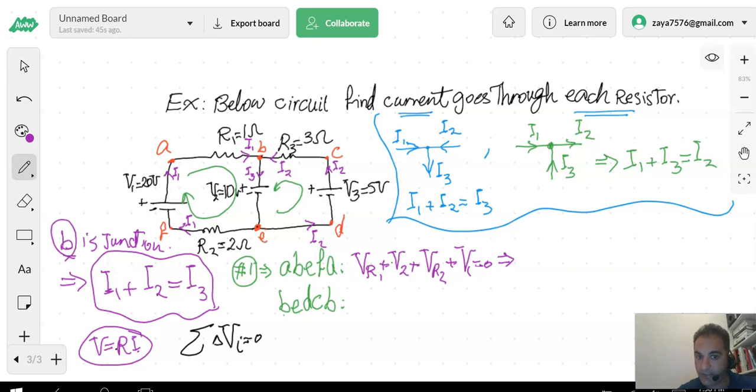Am I going in the same direction as I1 is? I go from A to B. I1 is also in the same direction as AB is. Yes. If yes, it drops voltage. It is minus R1, I1.